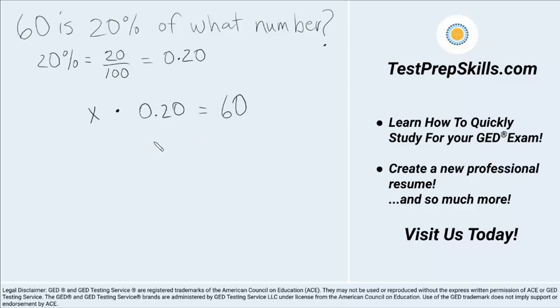So let's go through this again. Okay, that might have been a little quick. Our question says 60 is 20% of what number? So I can also read this as what number x, when I take 20% of it, so when I multiply it by 20%, written in its decimal form, is going to equal 60.